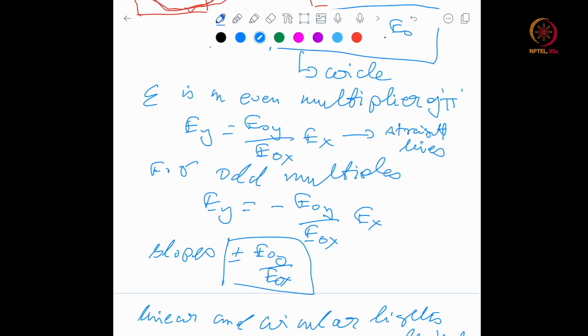That's why we know that there are linear and circular lights in general. So this is in a nutshell what the ellipse is, and how the polarization actually happens. It is given by the orientation of the final vector E.